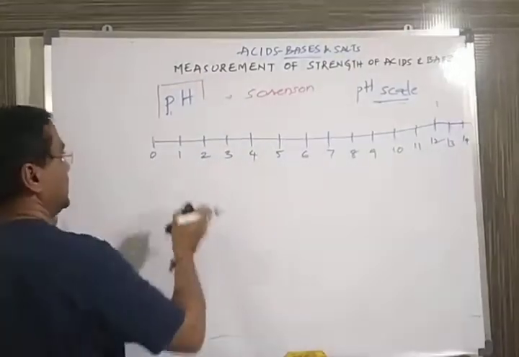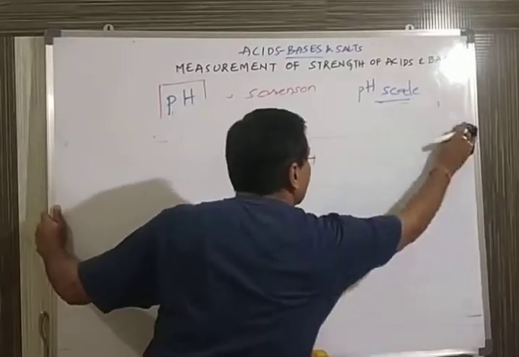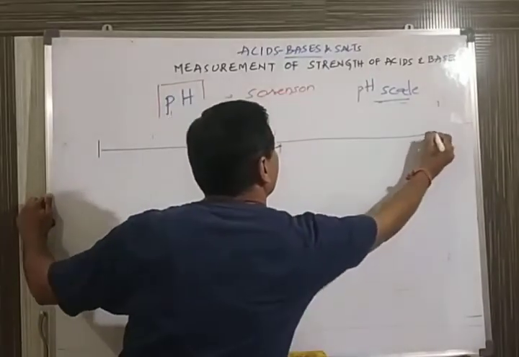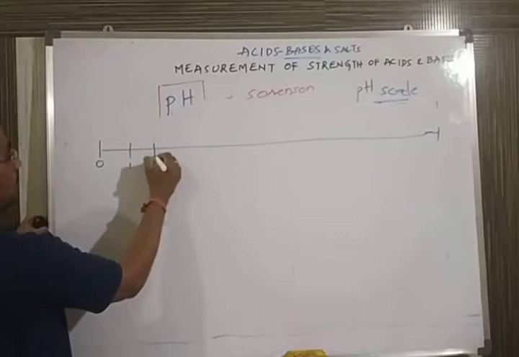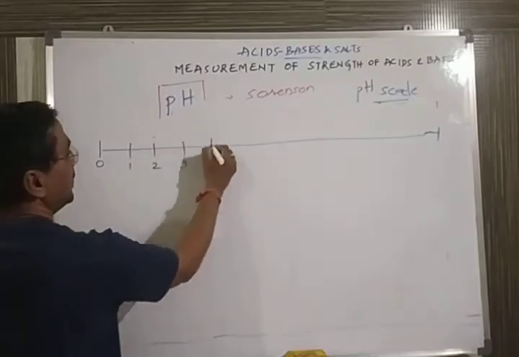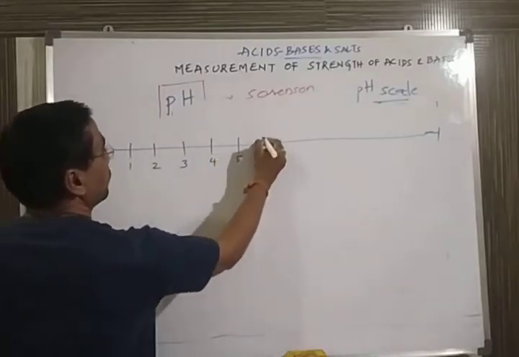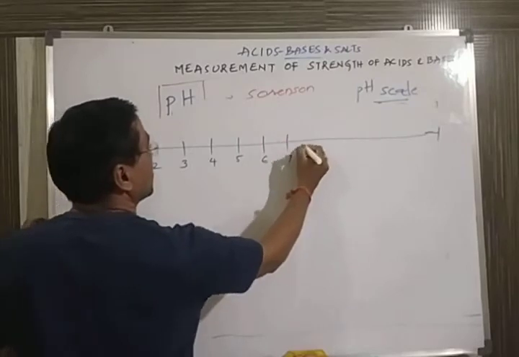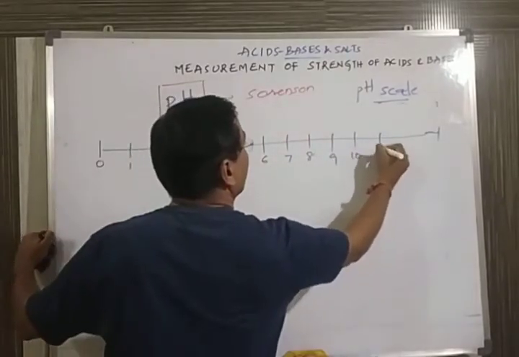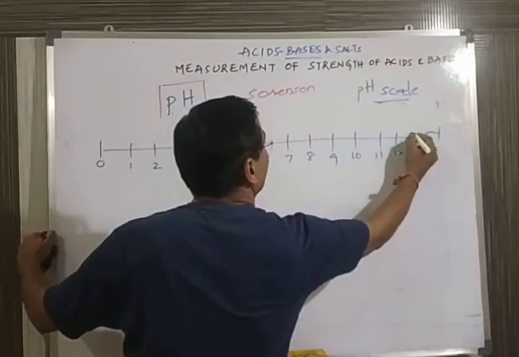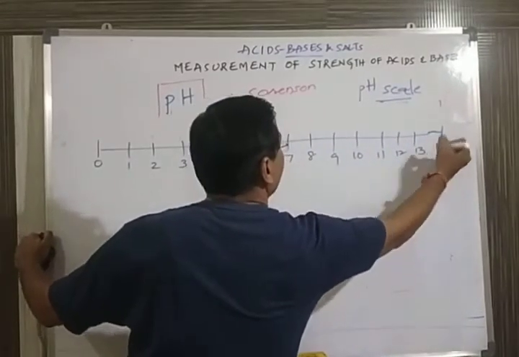For still better clarity, I'm writing once again: 0, 1, 2, 3, 4, 5, 6, 7, 8, 9, 10, 11, 12, 13, 14.